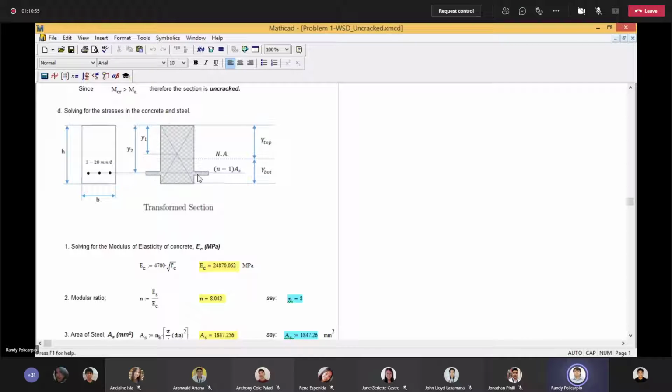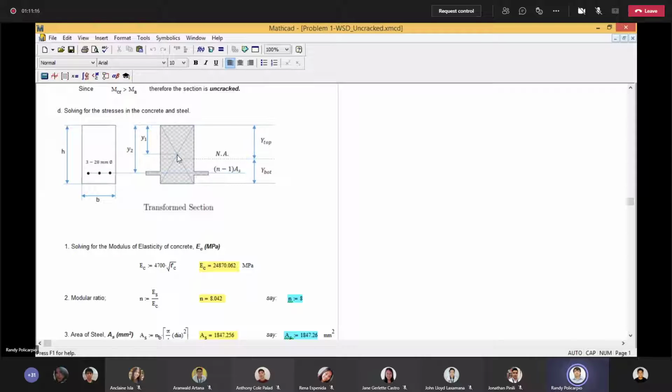Our transformed area for the steel also does not coincide in location with the neutral axis, so we will also use the transfer formula. So what we need now here is the distance.